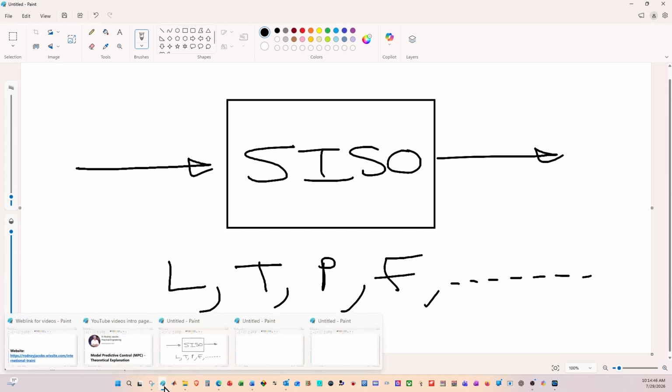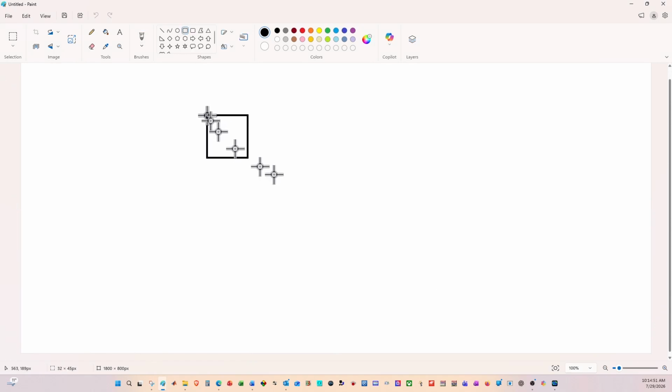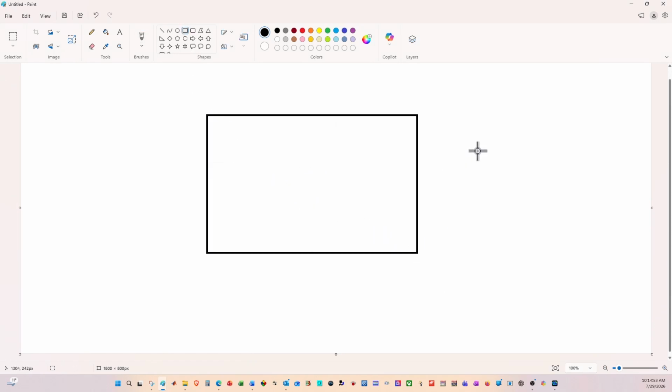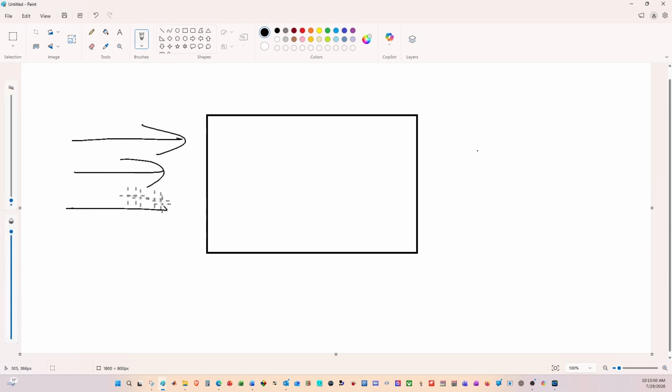Now, with the MPC controller, we take it a step further, because this now becomes a multiple input, multiple output controller. You can decide how many inputs you would like to bring into the controller, and that might be 2 or 3 or 4 or 5, whatever the case would be.